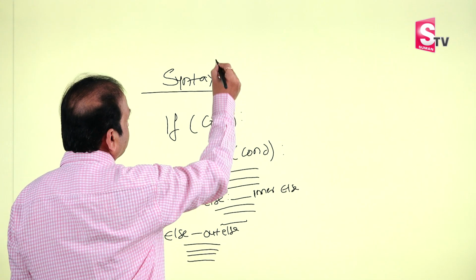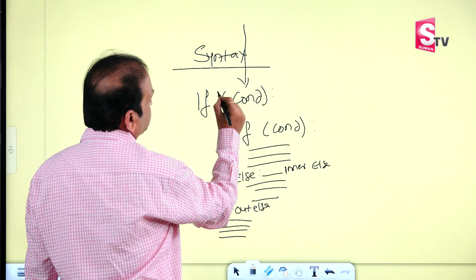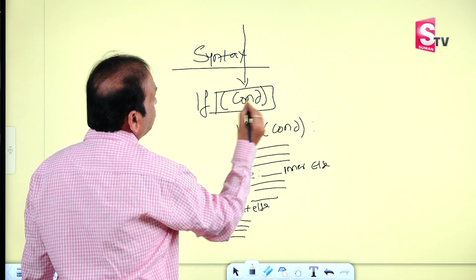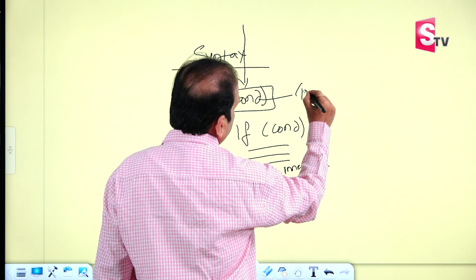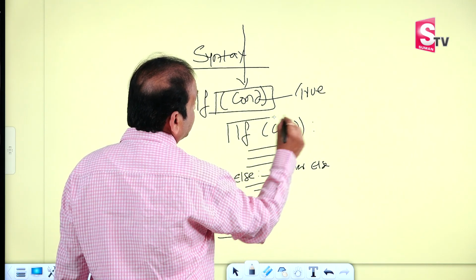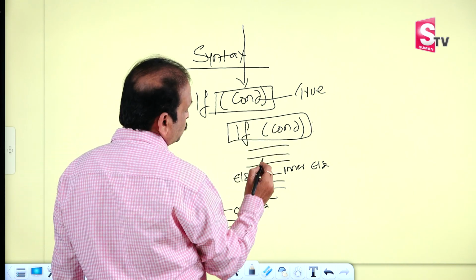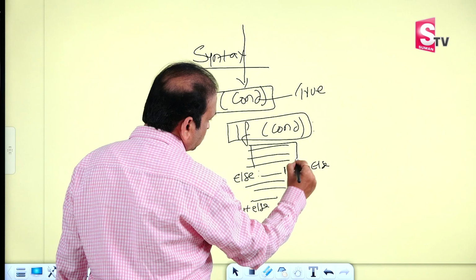Now the program control comes from the top. It checks this condition first. If this condition is true, then it comes to the second if. Inside, one more if is there. If the inner if is true, then it comes to the inner if block.